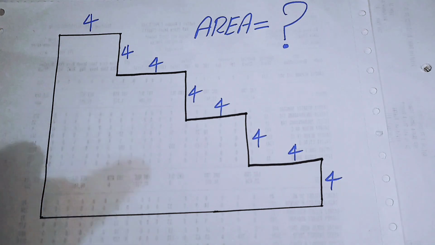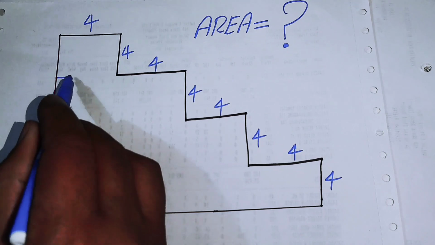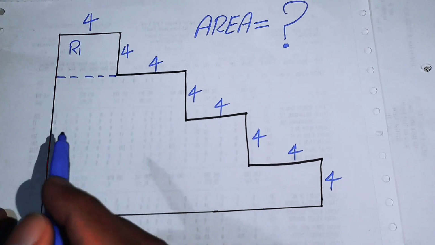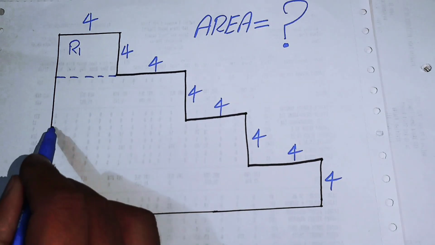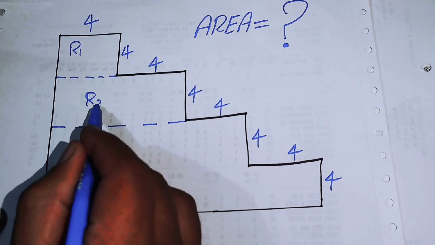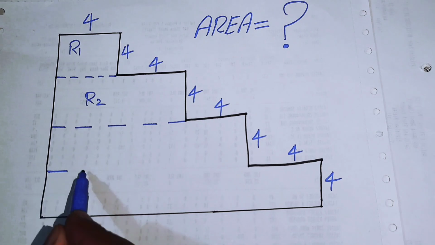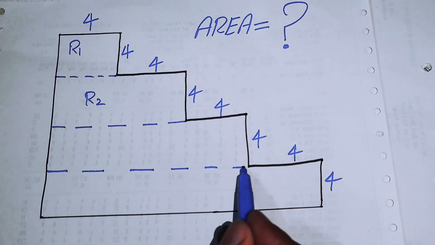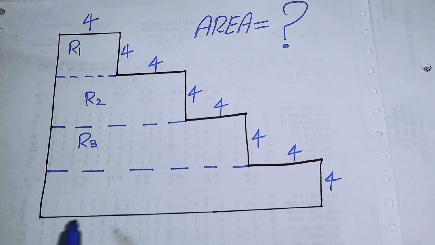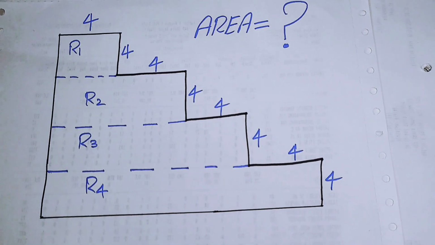So here first, if I join this line here, we call this region 1, and similarly if we join this line here, we call this region 2 or R2, and similarly if we join this by this dotted line we get region 3, and finally this is region 4, which we denote by R4.